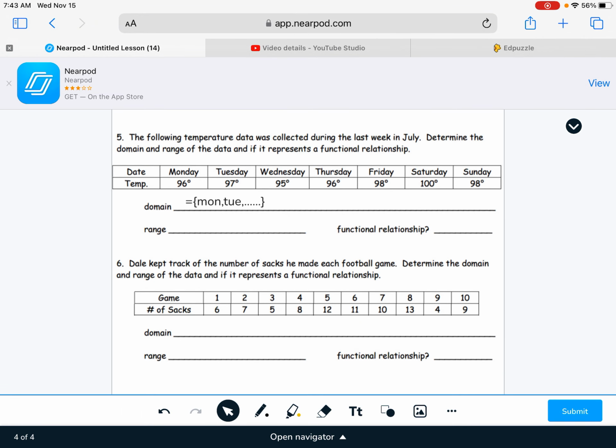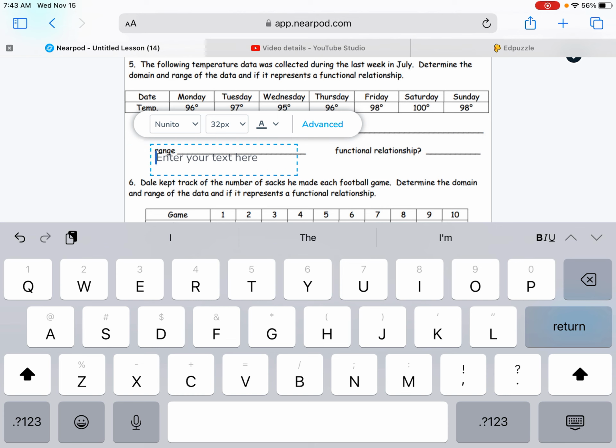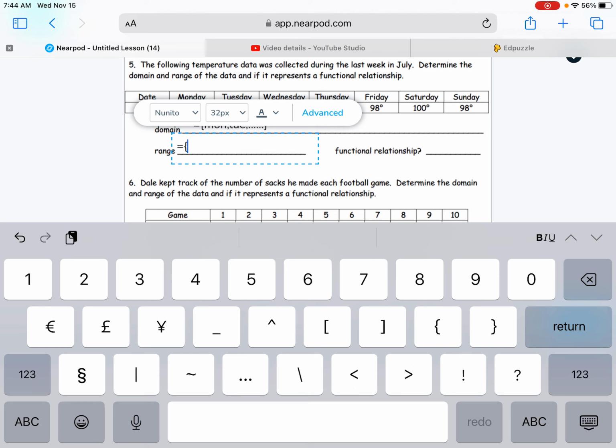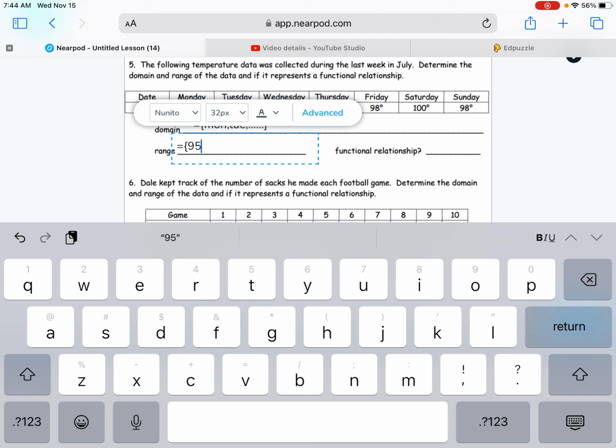From there, we want to make sure that we have our range taken care of as well. Again, our range is going to equal, the range gets put in braces because it is part of our set notation. And we start working our way up from the smallest numbers to the biggest. You know, the 95 degrees up to the 96 degrees.